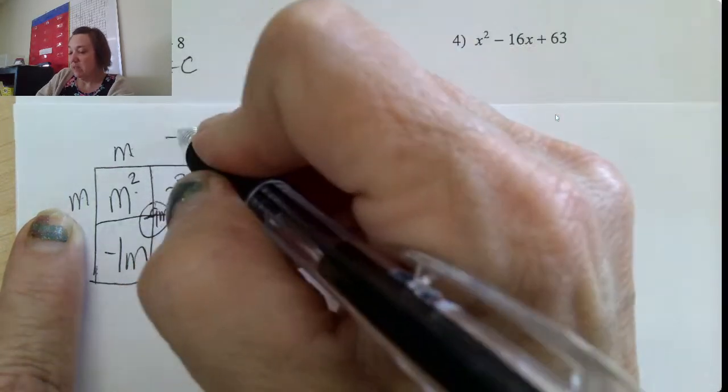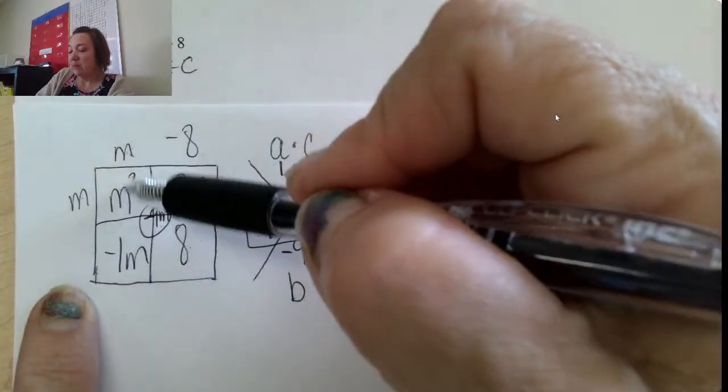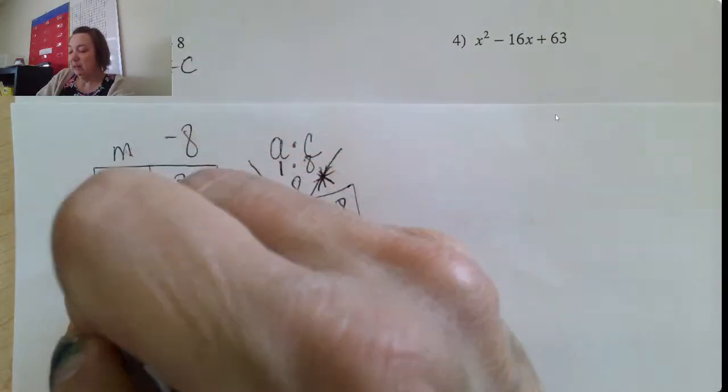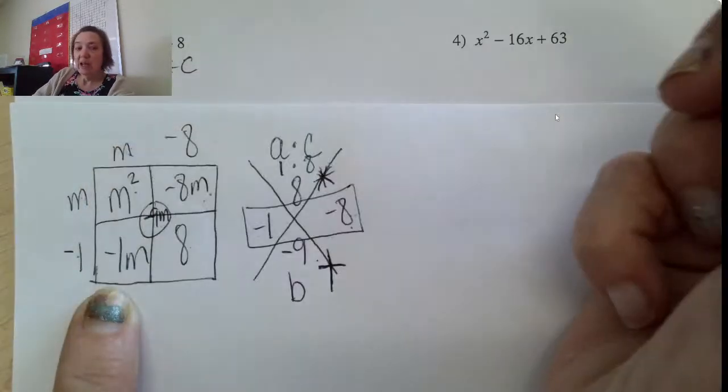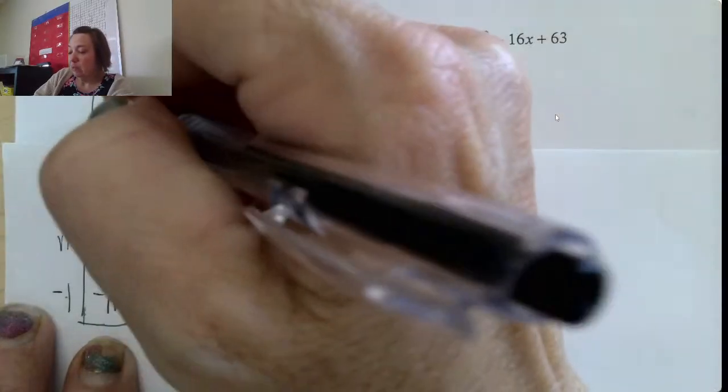Negative 8. So this gets a negative 8. If I multiply m by something and I got negative 1m, what did I multiply it by? Negative 1. So our factors for 3 are m minus 8 and m minus 1.